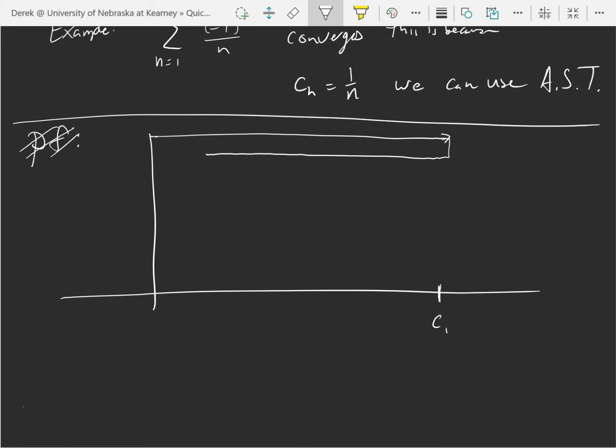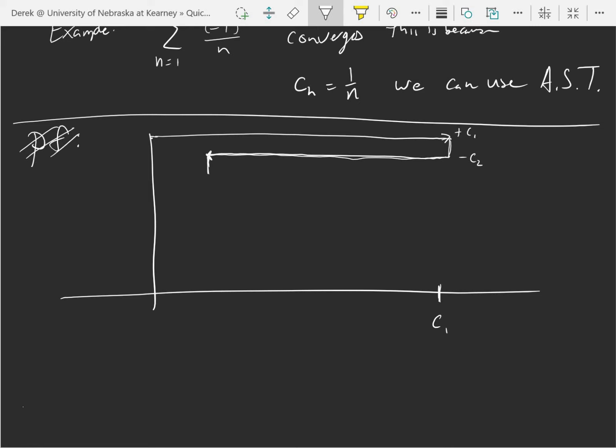So when I subtract and go to the left by c sub 2, I don't go as far as I had started at. I started at 0 and went to the right to c sub 1, and then when I go to the left from c sub 1 back by c sub 2, I don't get back to where I started.